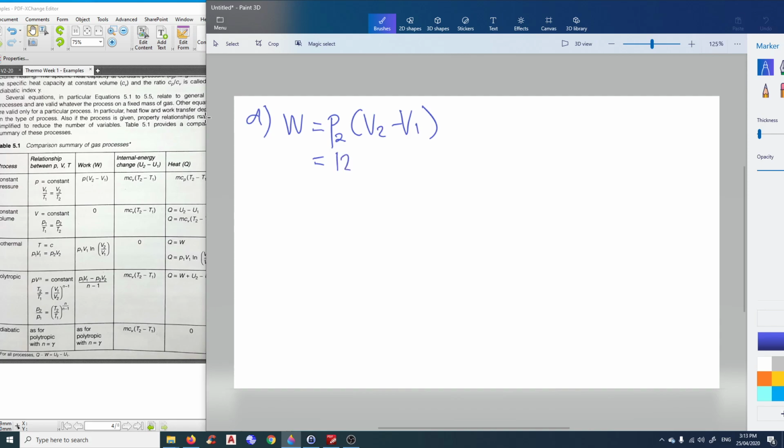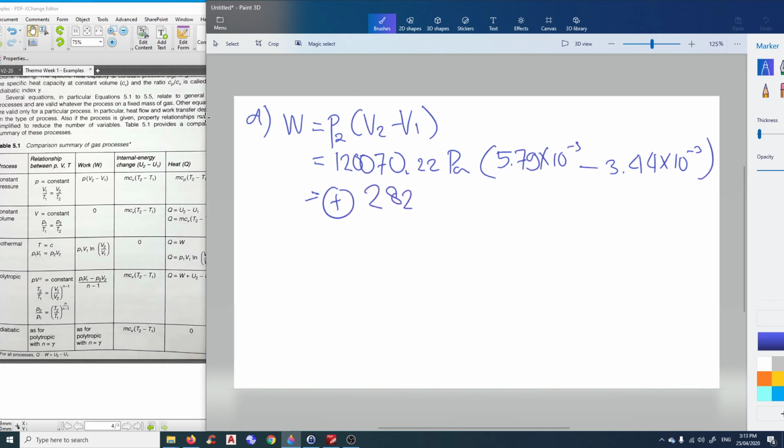So the P2 was 1270.22 Pascal. Then we did calculate V2 was 5.79 × 10 to the power negative 3, minus 3.44 × 10 to the power negative 3. So work done is positive 282 joule. Means work out. So the work is being produced by the system. Okay, so that is one of the questions.